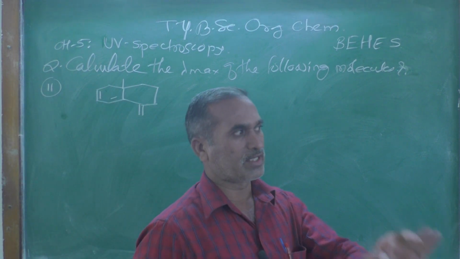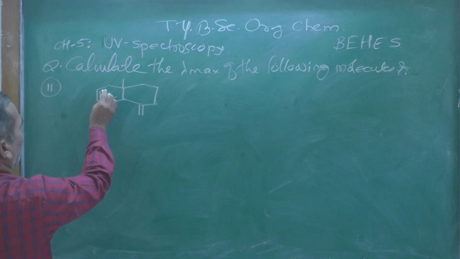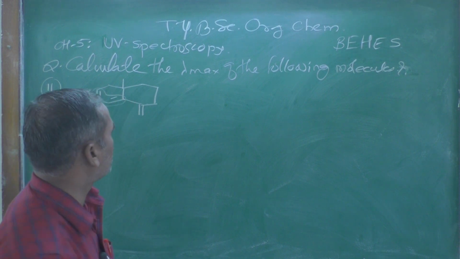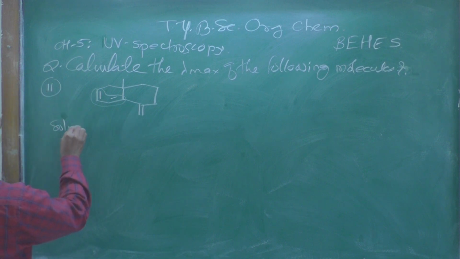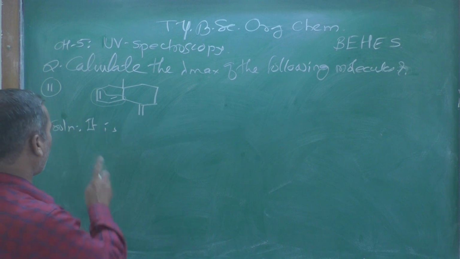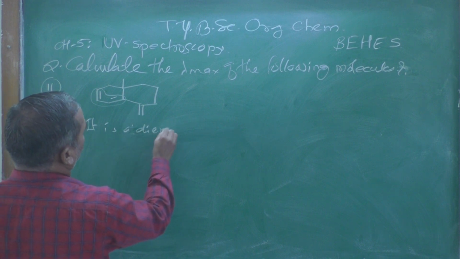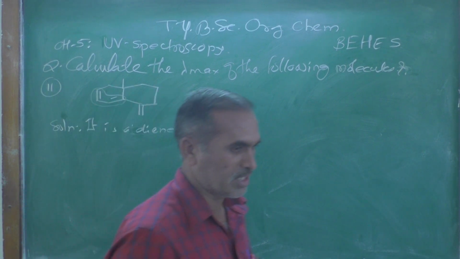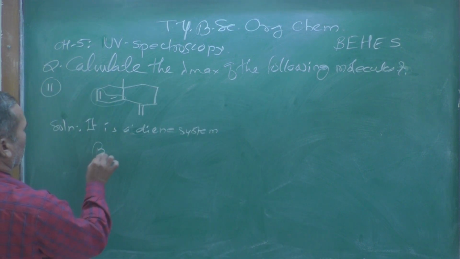Only consider one diene system, either this side or this side. Let me mark it like this. So it is a diene system, and while writing your solution, it is one sentence you should write down: it is a diene system.